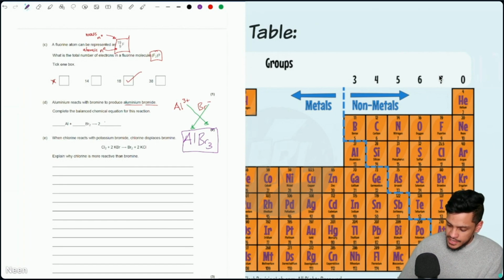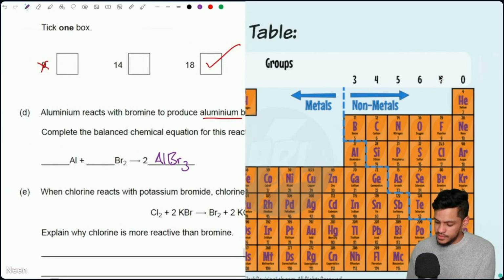So this is AlBr3. And now what we need to do is balance it. What numbers do you think we need to balance this? We've got 2 aluminiums here, so we need 2 aluminiums here. We've got 1, 2, 3 bromides. Bromines times by 2.